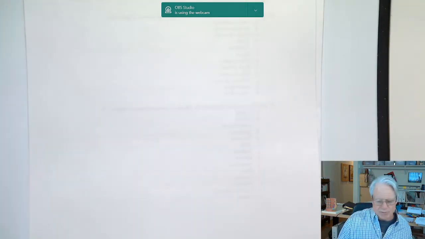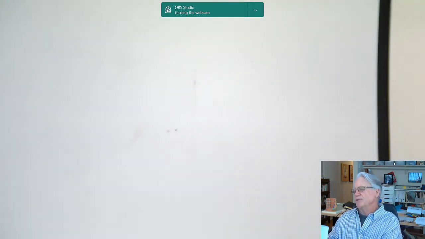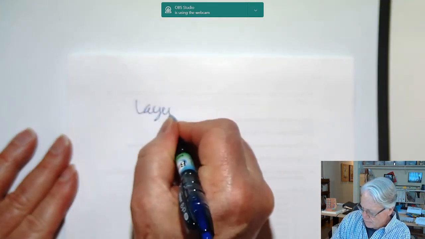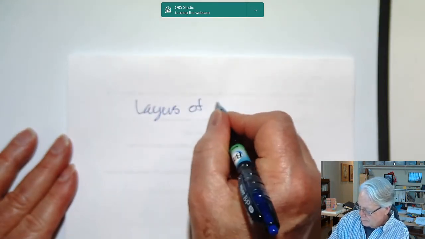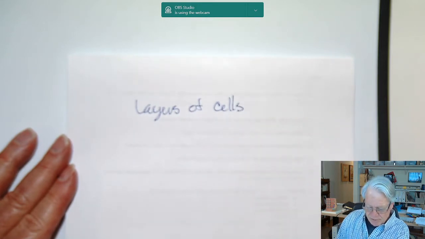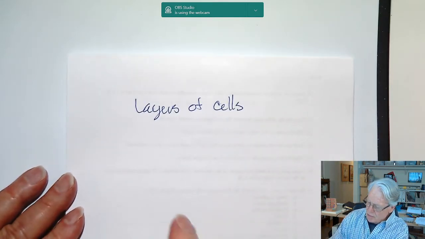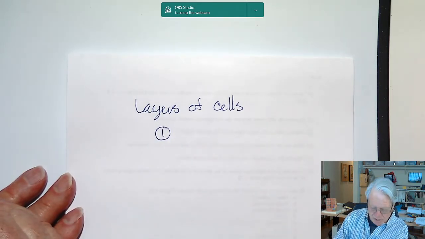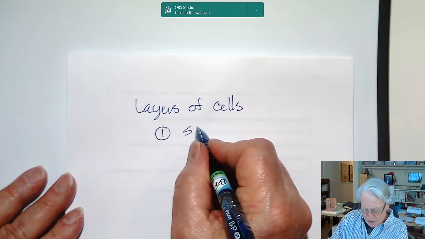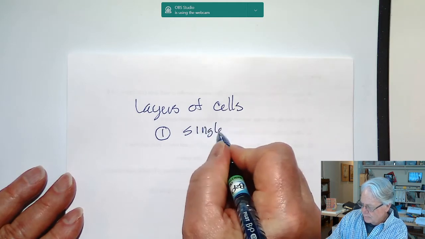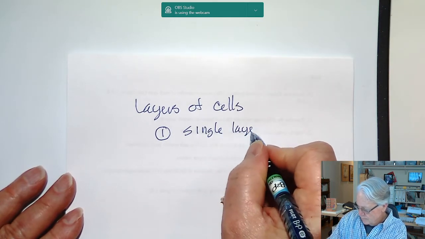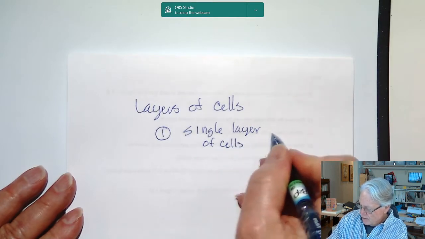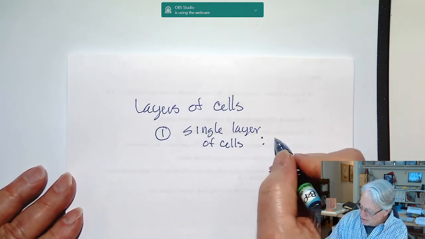What else have you got for me? Well, let's talk about layers of cells. So here we're going to have a couple of different possibilities. We can have a single layer of cells, in which case we're going to call that simple.